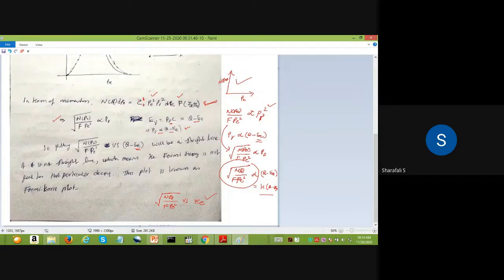Okay, so if you are plotting, let's say, for EE plus m_e c square, this is the mass energy of the electron which is coming out, and this is the kinetic energy of the electron. So this will make a shift in your straight line, but the total scenario will be the same.